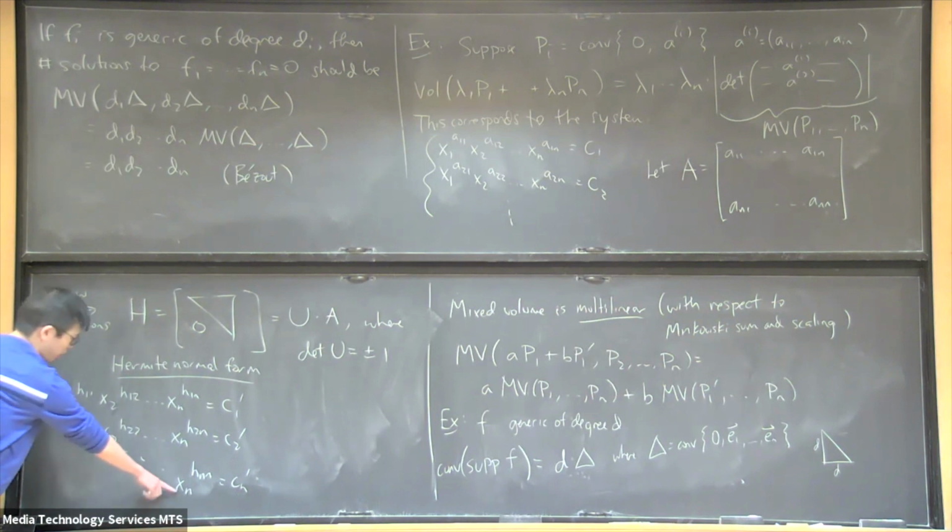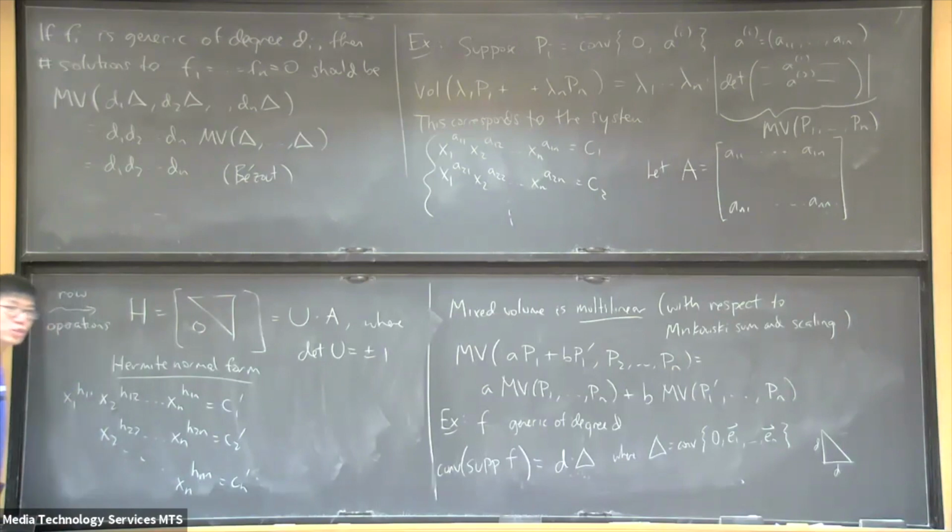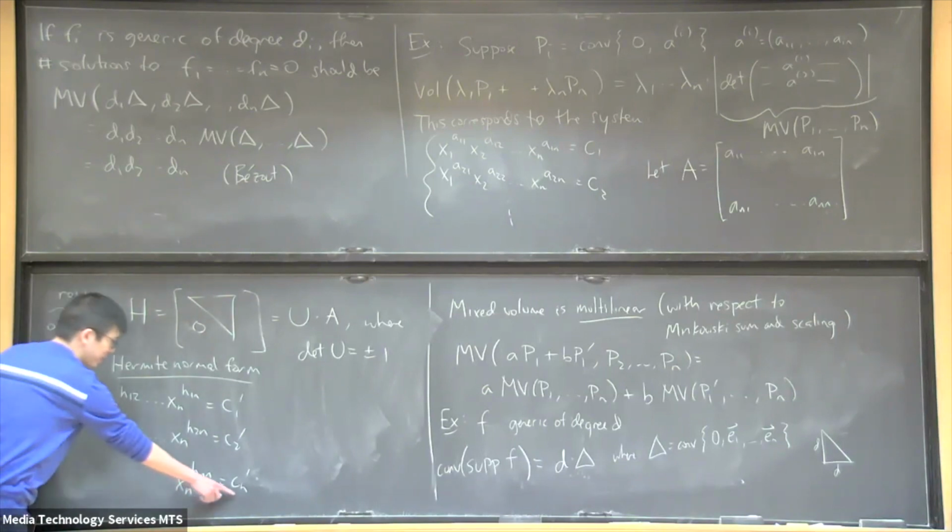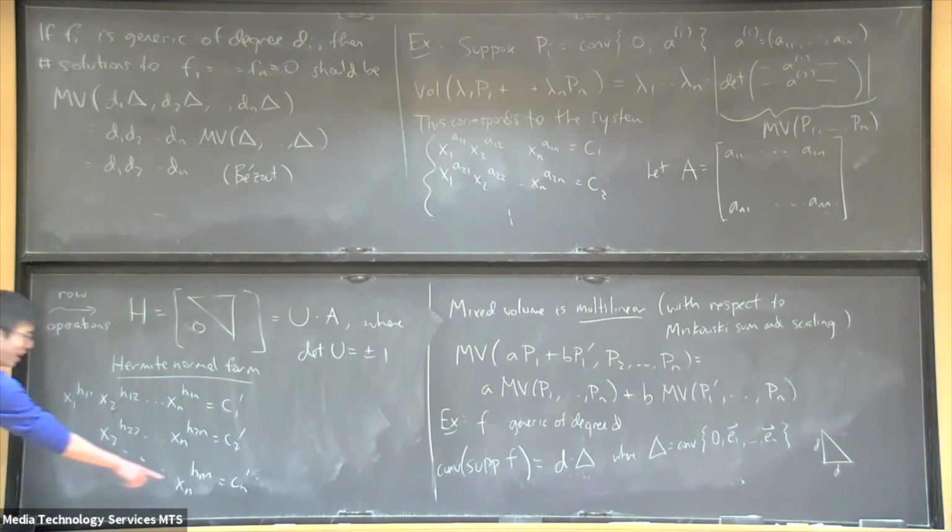First, you can solve for xn. Of course, it's raised to the power hnn, so you have to choose one of the roots of this Cn prime. So there are hnn choices for this last variable, and then you plug that into the previous equation, and again you get something to some power equals some constant, so you have to choose which root you get, and so forth.